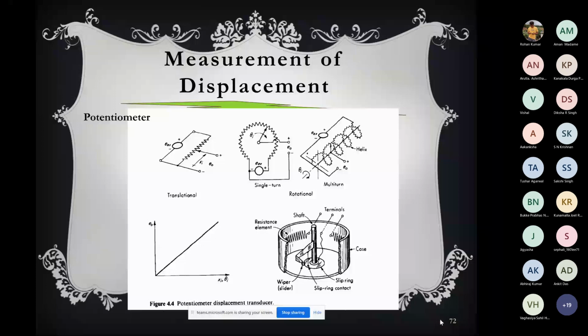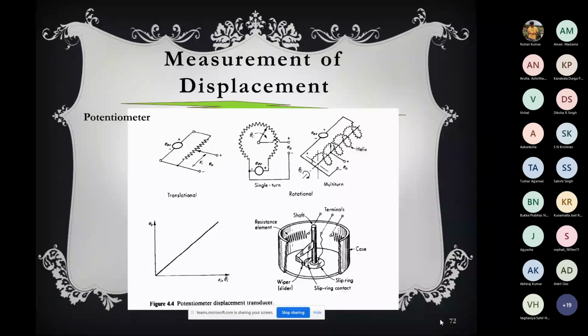In the figure shown in the slide, all the things are potentiometers. Let's see the topmost left-hand figure, a potentiometer where the input voltage is Eex, and X is the displacement, so the output is Xi.